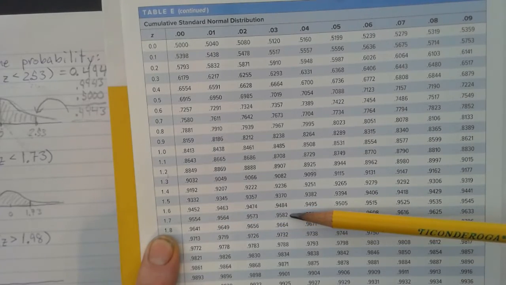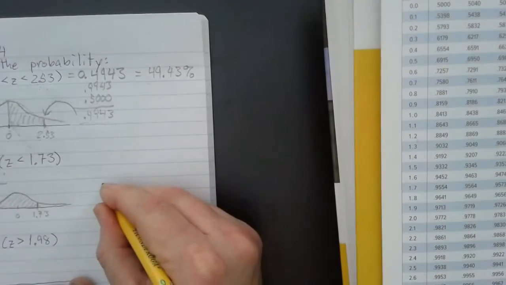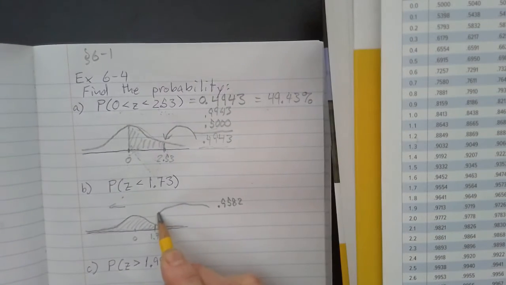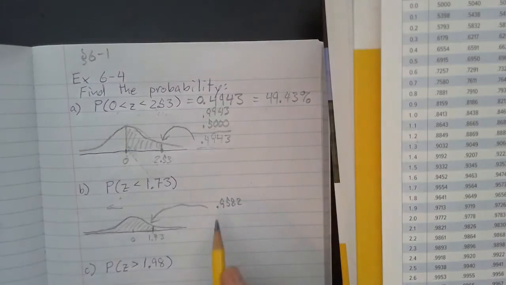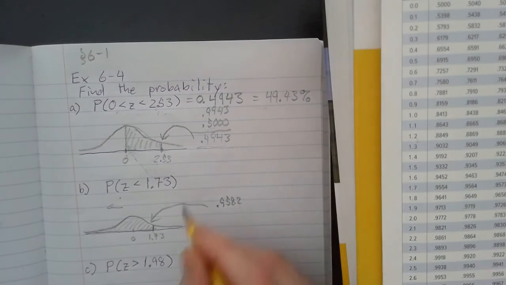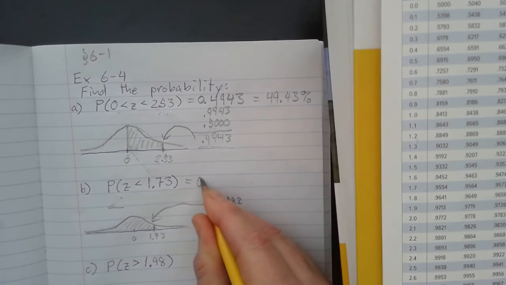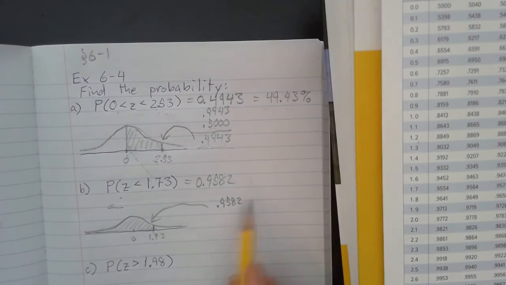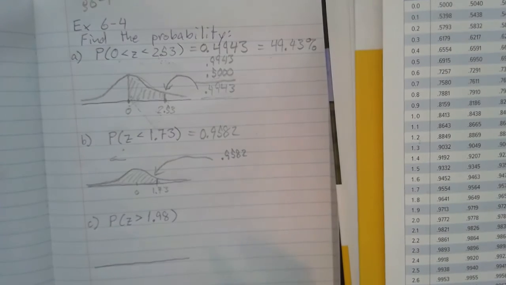There I'm seeing 0.9582. What does that represent? That represents the probability, or the area underneath that probability distribution curve. So the probability is 0.9582. We could write that as a percentage as well. I just don't want to do it.